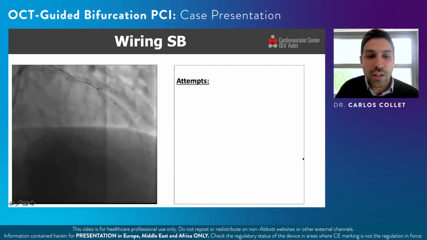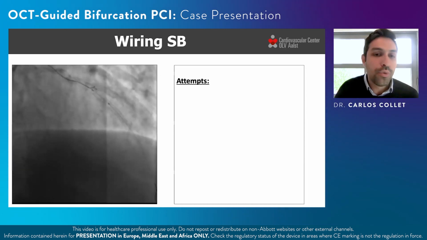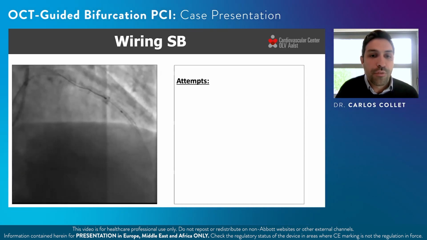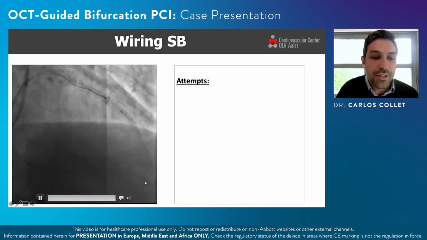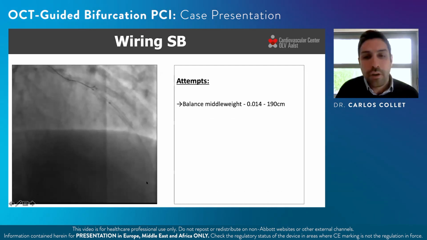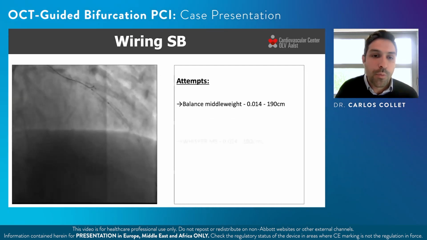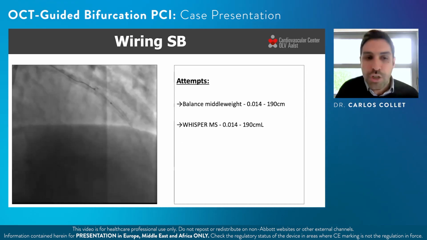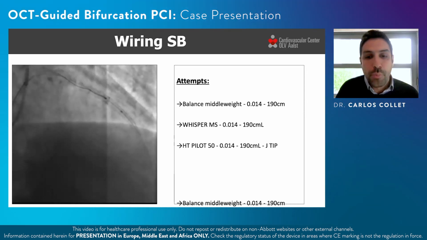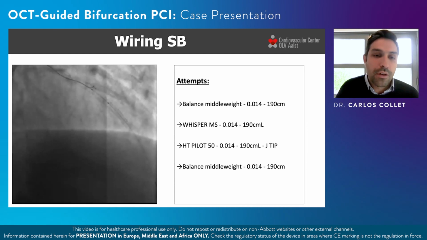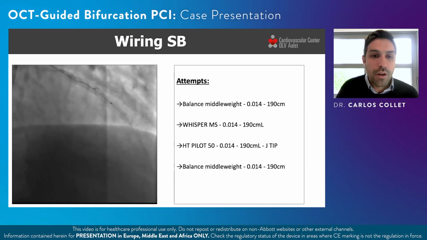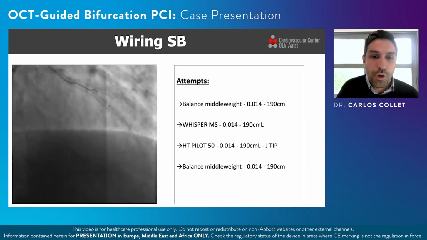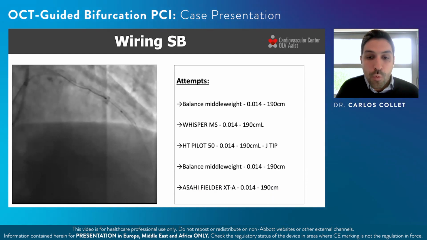Then we decided to park the balloon just distal to the takeoff of the side branch to see if this would help. And then we started trying different wires. Starting with a BMW, then we changed to a Whisper, then we used a Pilot, then another time a BMW, but none of these wires would go into the diagonal. We used a filter as well, and it didn't work.